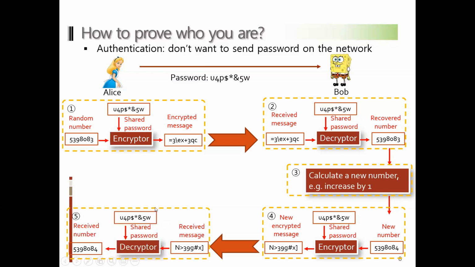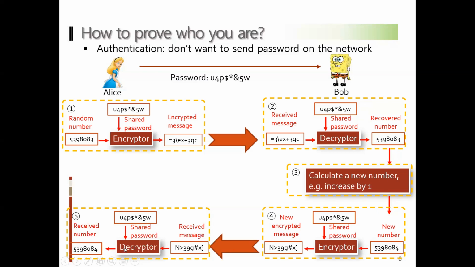Once Alice receives this message, because she still shares the same password, she can decrypt the received value and confirm that Bob could correctly recover the original value. If Bob failed, or some hacker who behaves like Bob claims to have recovered the value, the hacker does not know the shared password, so the hacker will incorrectly recover the number.